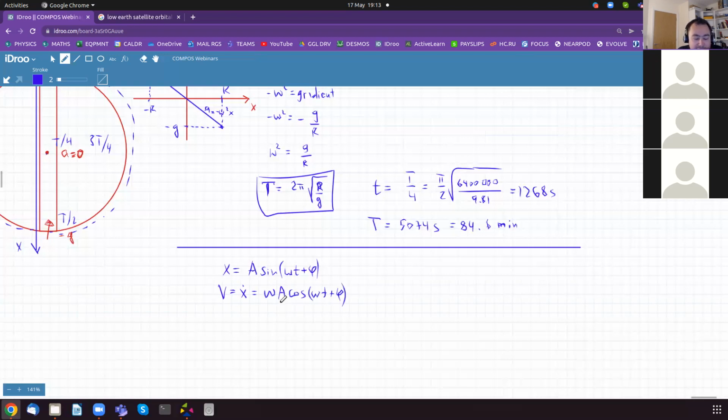And at the center of the Earth, the speed is going to be maximum. It's the maximum possible speed, because after that it will decrease. But we know that cosine takes values between -1 and 1. And the maximum value of v occurs when cosine is equal to 1. So v max, and this is a formula you can remember, is omega times a.